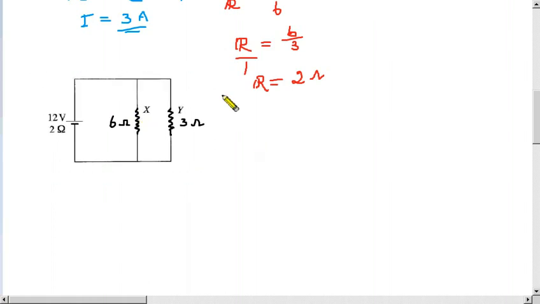So the ratio method is like this. You have to get the ratio of these two resistors. If this one is 1, this one is 2 times, so the ratio is 1 to 2. Here 3, here 6.